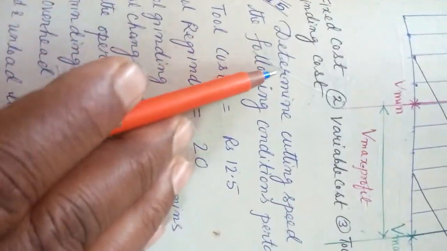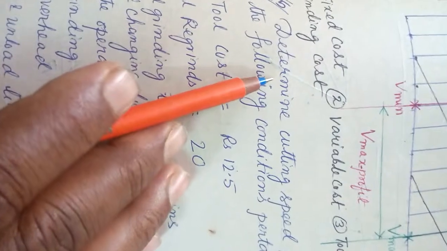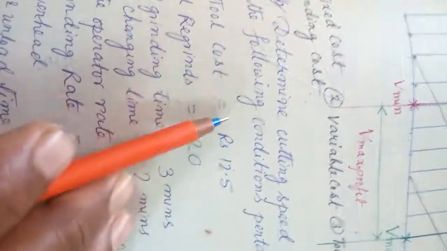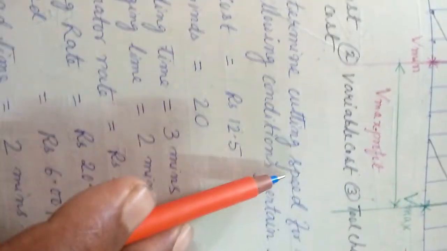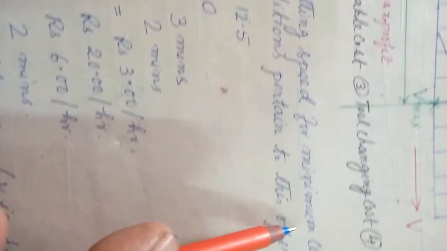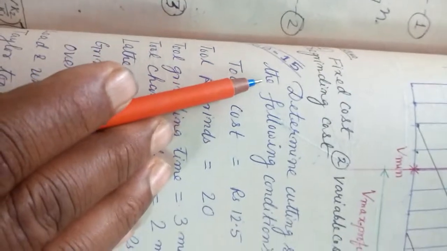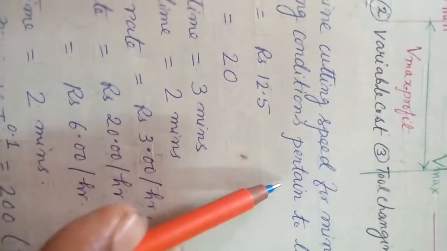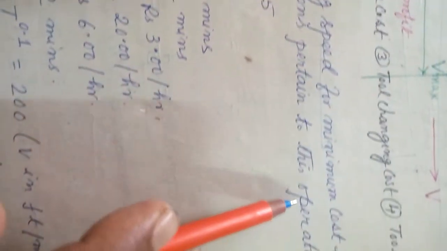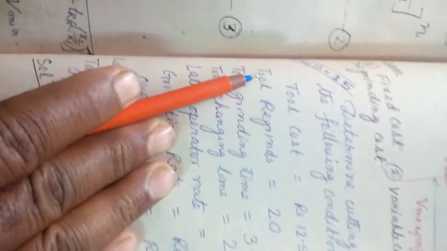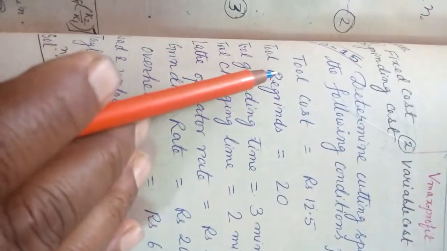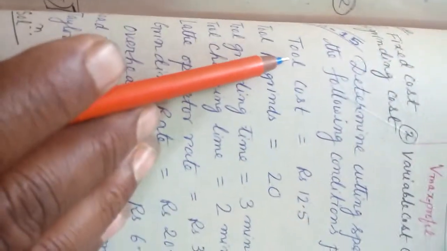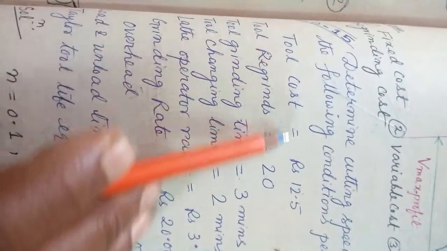So this is problem number 15 of my notebook. Determine cutting speed for minimum cost if the following conditions pertain to this operation.